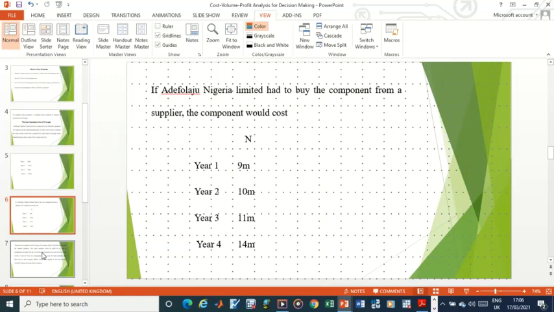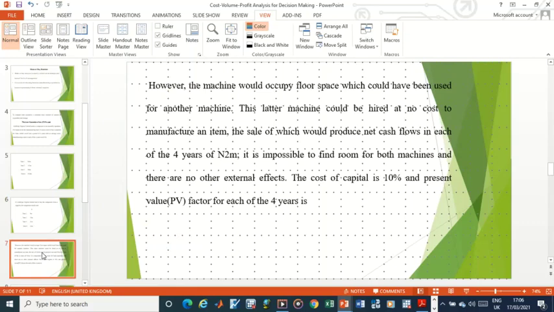Then the third year, 11 million naira. Then the fourth year, it will cost 14 million naira.